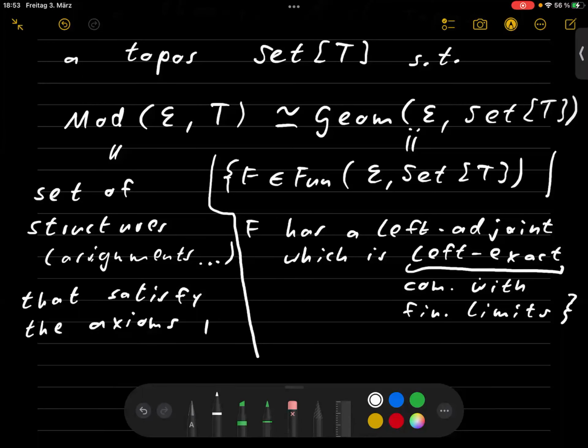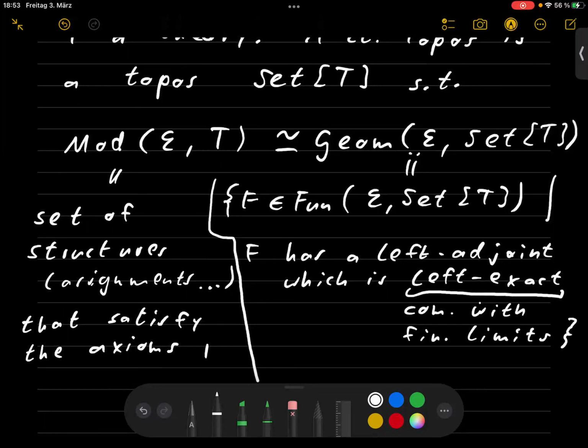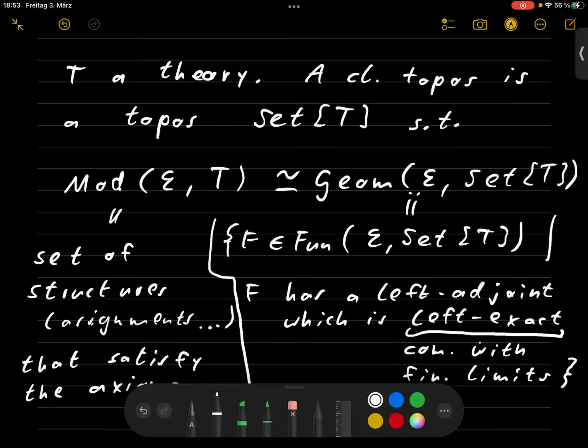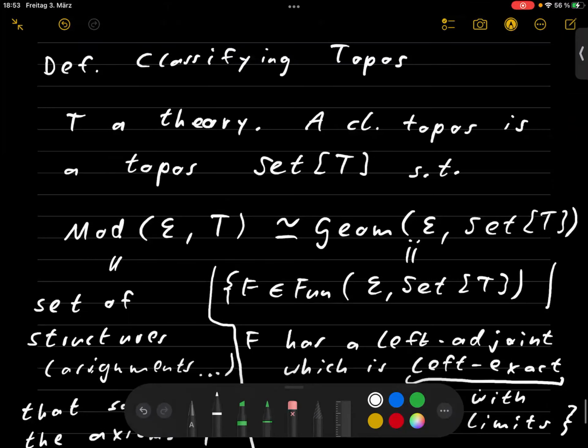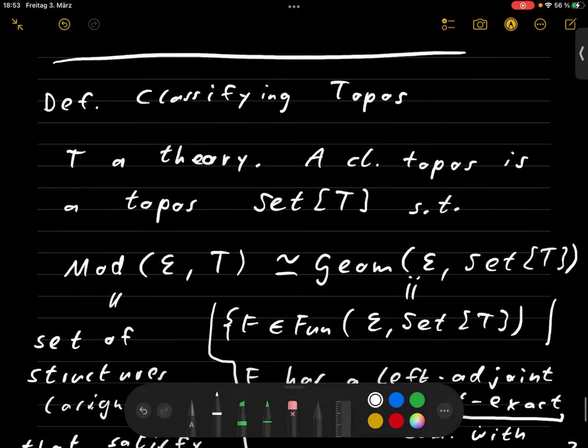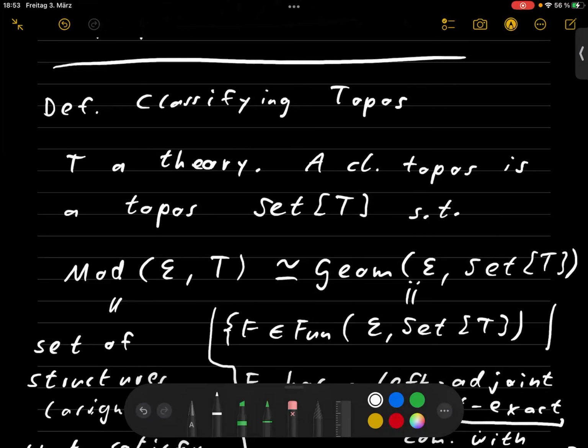And now this is somewhat interesting, because what we have now, I didn't prove it, but at least this is now true, that this topos of disks, the presheaves on theta n, are exactly the classifying topos of the theory of disks.